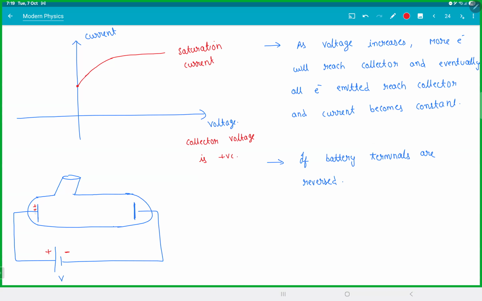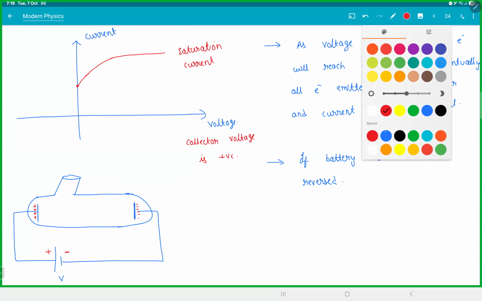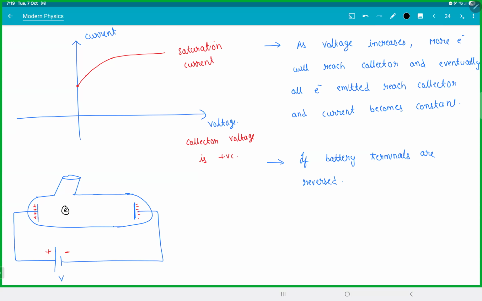So this plate becomes positive and this plate becomes negative. Now the electrons which are coming out, now the force will be backward. So electrons will actually slow down. That means if you put the voltage in the reverse direction, negative voltage, the electrons will actually slow down.